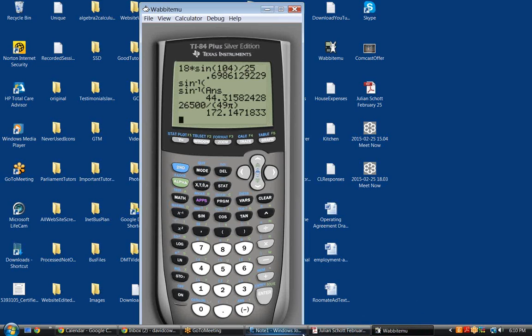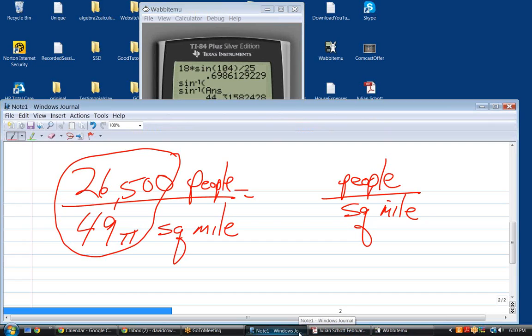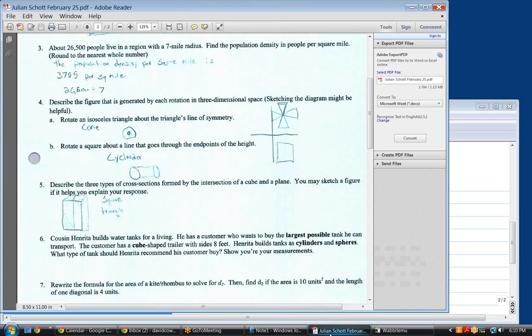So the answer is 172 people per square mile, and that's what they were asking, was find the population density in people per square mile. Okay? So the key is you got to determine the area, which means you got to determine the area of the circle.